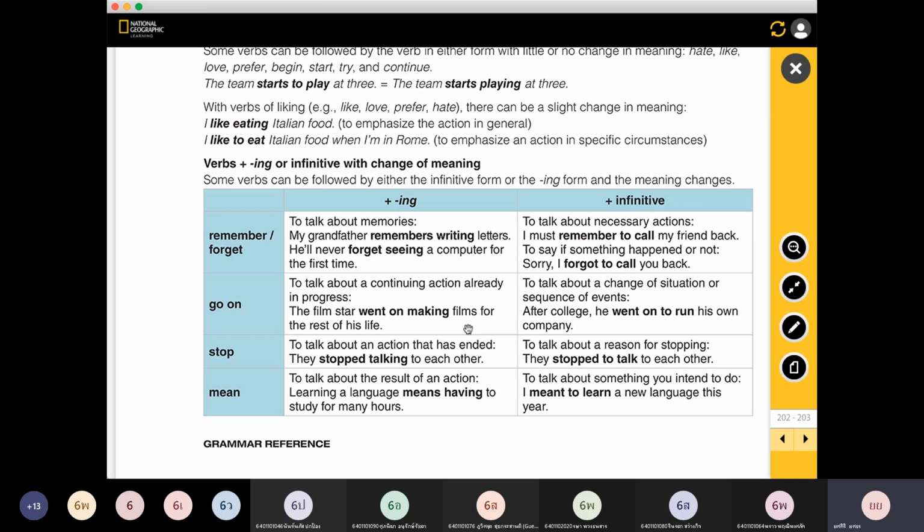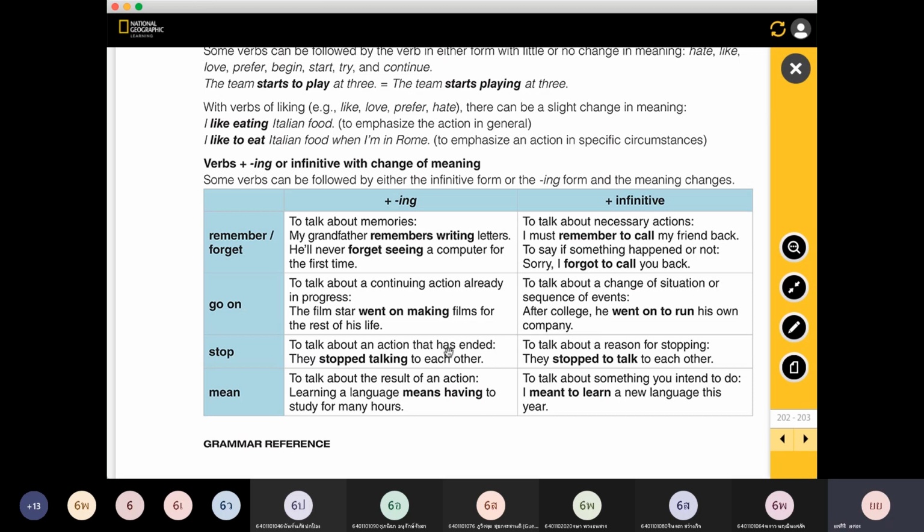Go on, which we already know, means do something straight away, but if you go on with gerund, it continues an action already in progress, just like continue. But if you use the infinitive, it's like a change of situation in a sequence. Stop: we are talking about two different things.